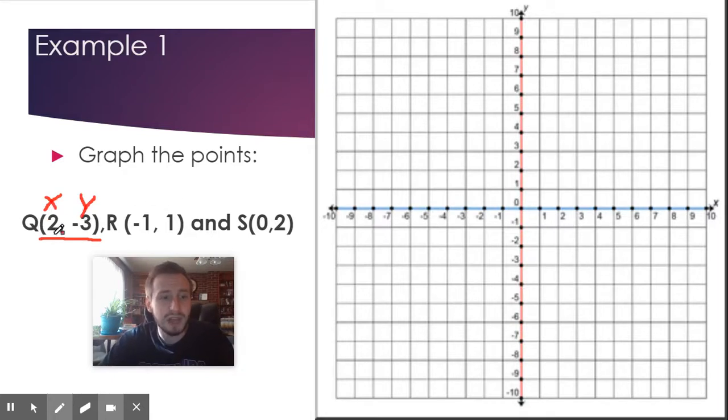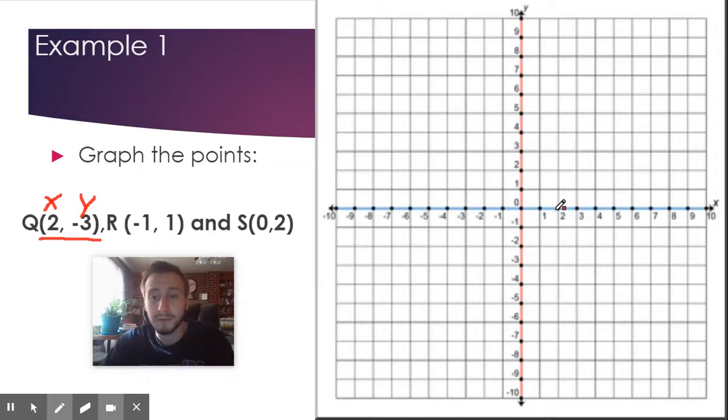So let's try plotting Q. Point Q says that its ordered pair is (2, -3). So you always start at the origin, and if it's 2, you need to move 2 spaces to the positive right, which is 1, 2. So here's x value of 2. Then it says -3.